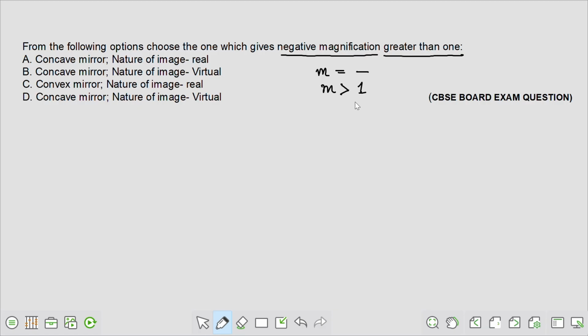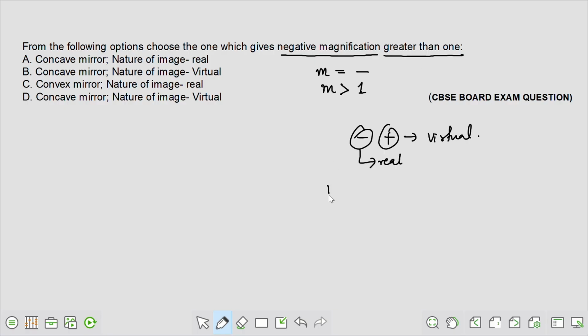We have learned in our previous modules about magnification and the sign of magnification. What does the sign indicate? The sign, negative or positive, indicates whether the image formed is real or virtual. If it is negative, it is real. If it is positive, it is virtual. So it is talking about negative magnification, and it should be greater than 1.